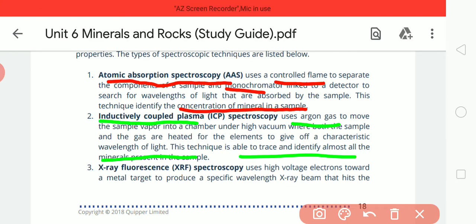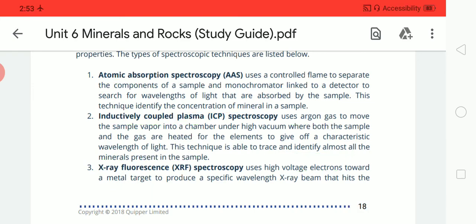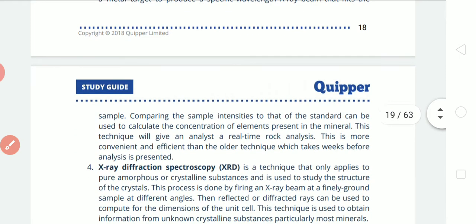Now, the next one is the X-ray fluorescence or XRF spectroscopy, which uses high voltage electrons towards a metal target to produce a specific wavelength X-ray beam that hits the sample.